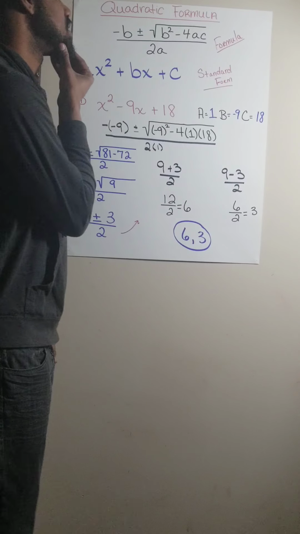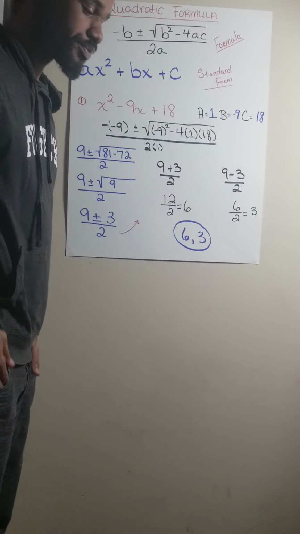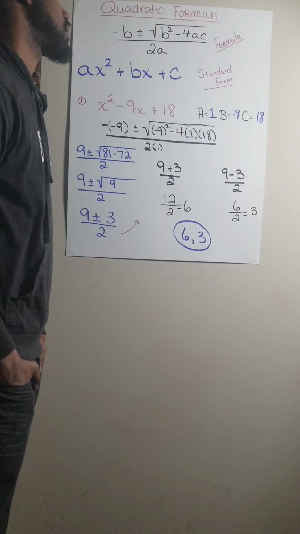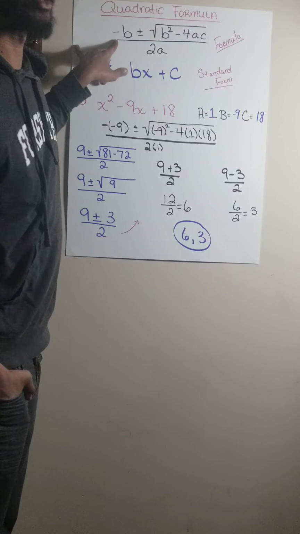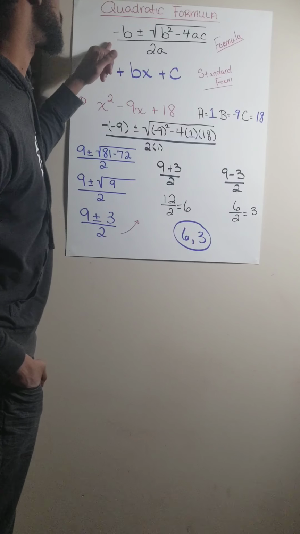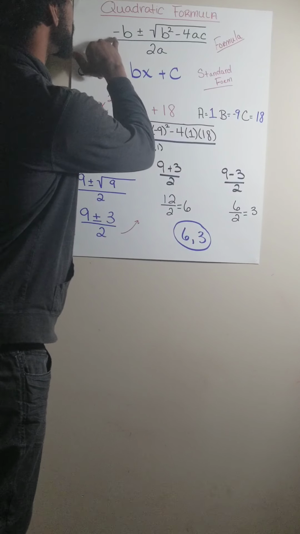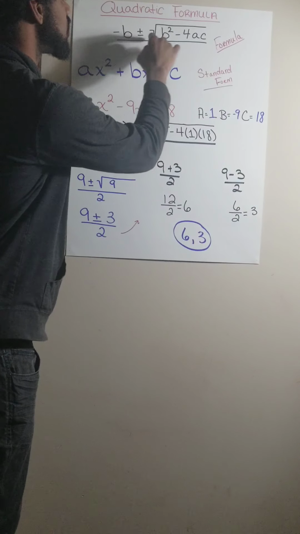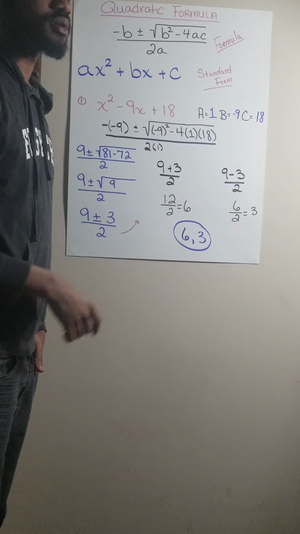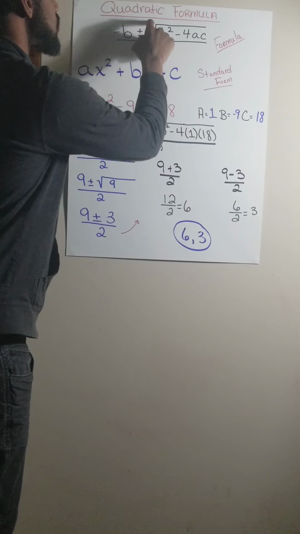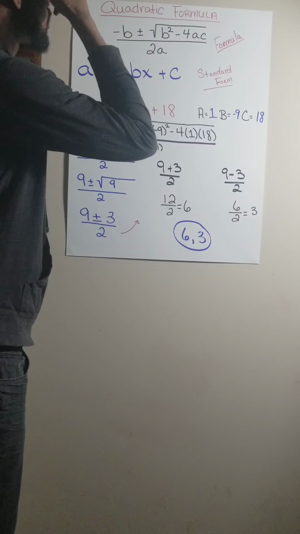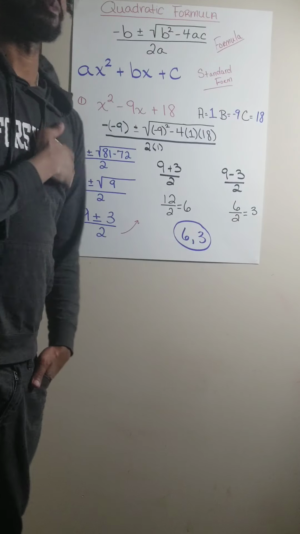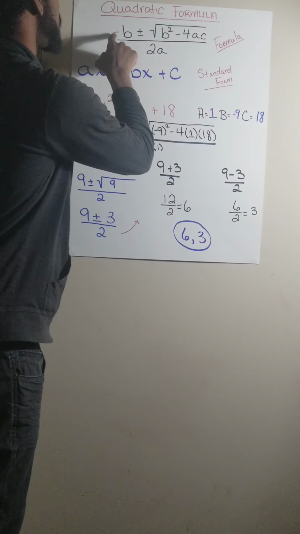Okay. So in the quadratic formula, this is the formula here in black at the top. We have negative b plus or minus the square root. This whole thing is the square root sign. Let me go back and start over because I'm cutting myself off.